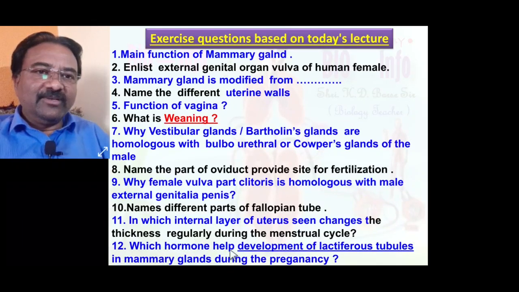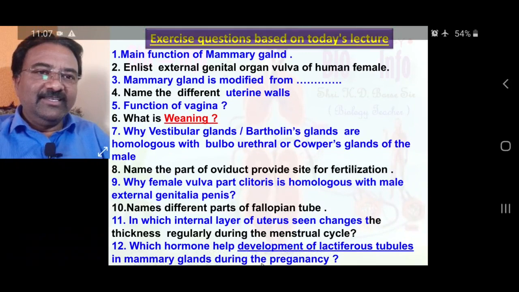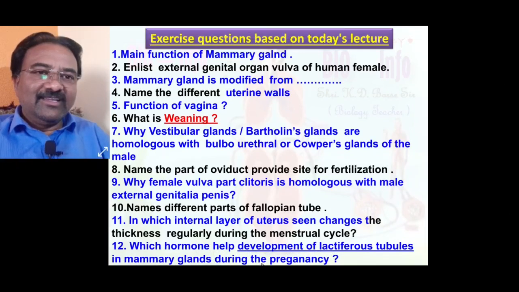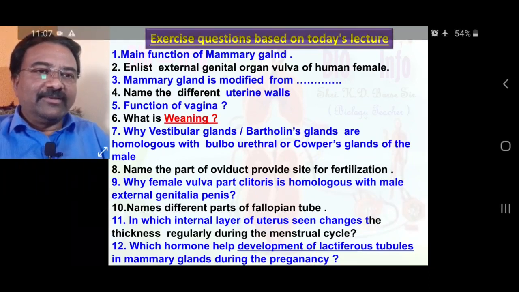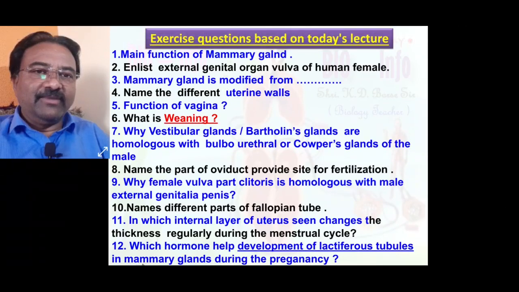Which hormone helps development of lactiferous tubules in the mammary gland during pregnancy? Yes, lactotropic hormone or prolactin hormone secreted by the pituitary gland helps development of lactiferous tubules in the mammary gland during pregnancy.